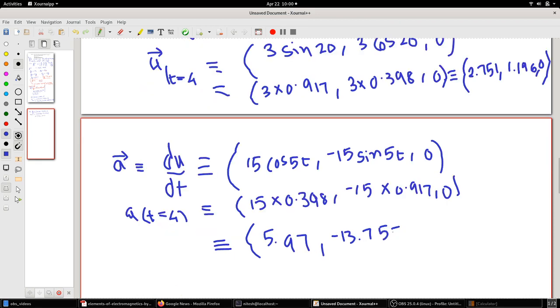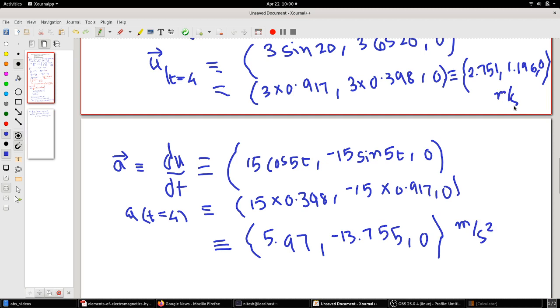This is in meters per second square, and this is in meters per second. What it means is these are three coefficients. So 5.97 into ax minus 13.755 into ay plus 0 is your acceleration.